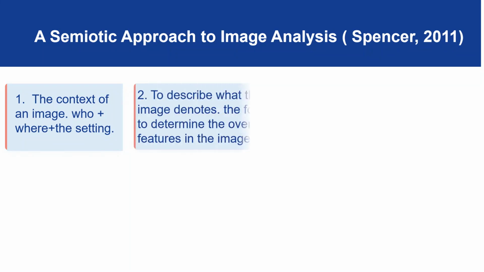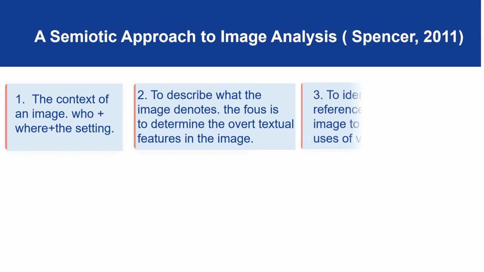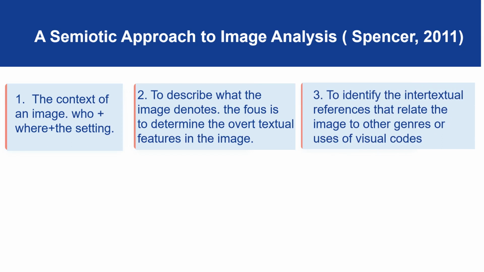The next step is to describe what the image denotes. The focus of determining what an image denotes is to determine the overt textual features found in the image. The third step is to identify the intertextual references that relate the image to other genres or uses of visual codes.